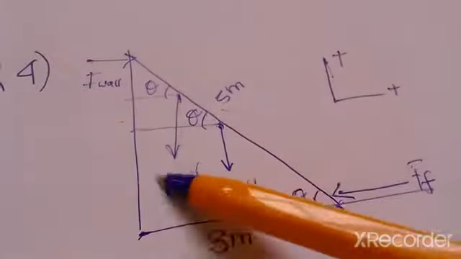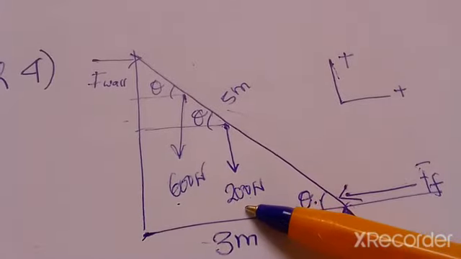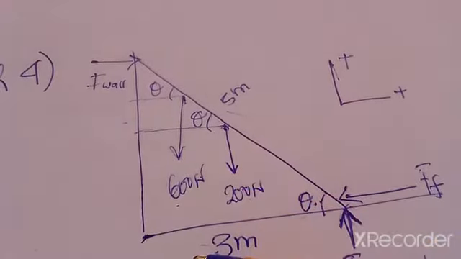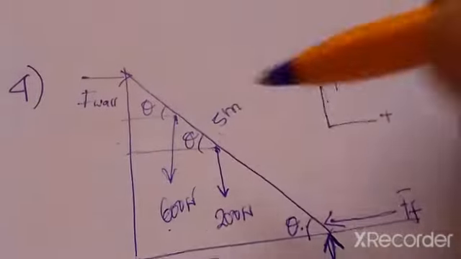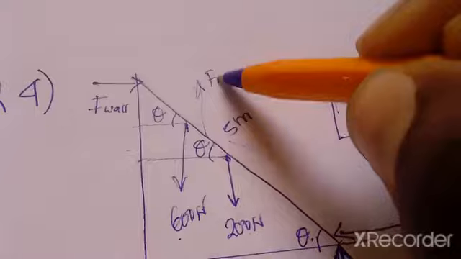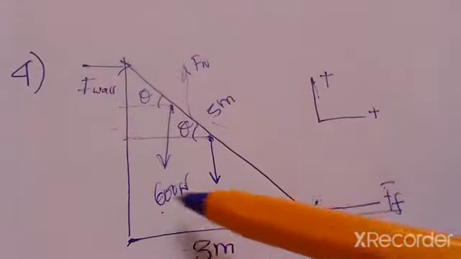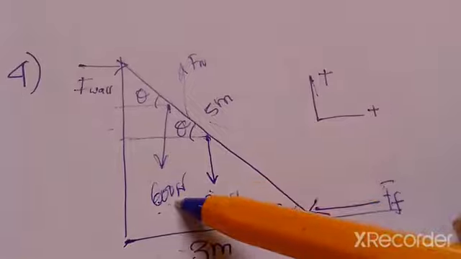So we've got two forces acting downwards, the 600 newton force and the 200 newton force. These two are acting downwards, meaning that this is going to be the normal. And if the system is in equilibrium, the normal force is going to be the summation of these two.